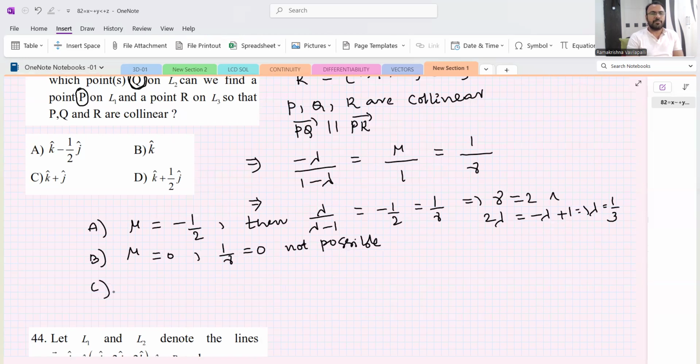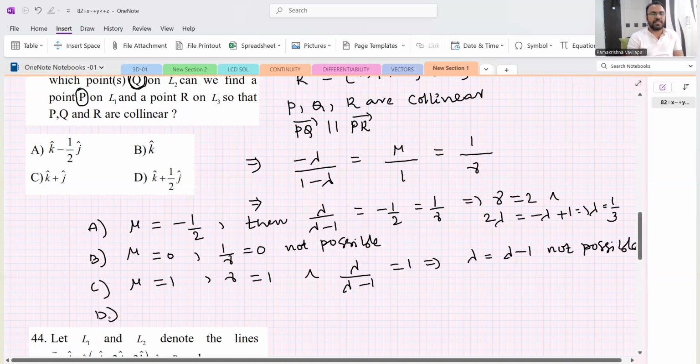Option C, when mu is equal to 1, then you will get gamma equal to 1 and lambda by lambda minus 1 is equal to 1 implies lambda equal to lambda minus 1, not possible. So this is also not possible.